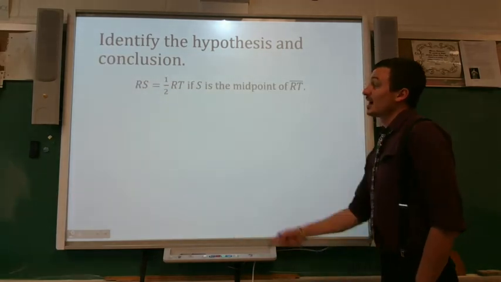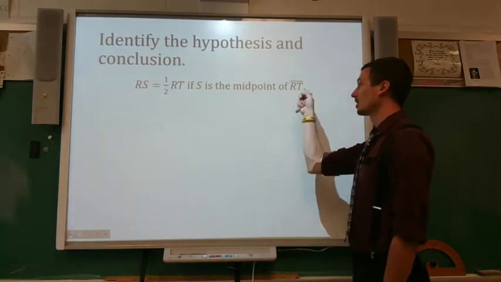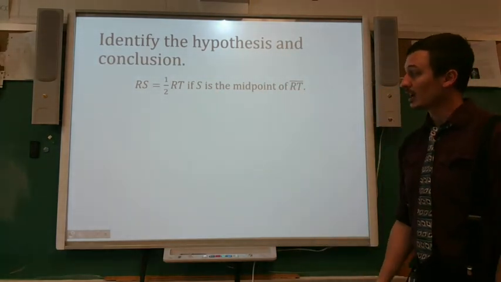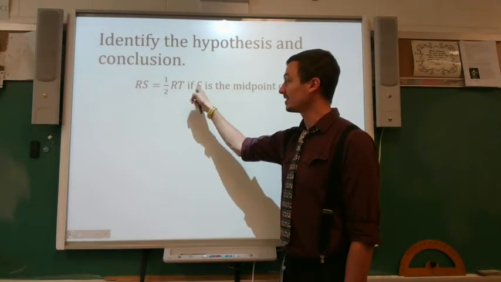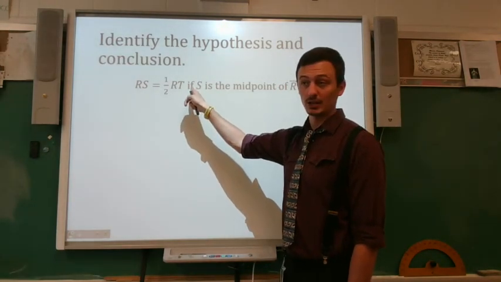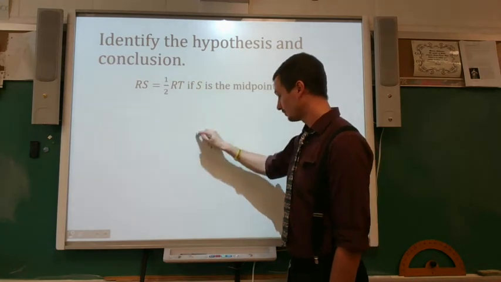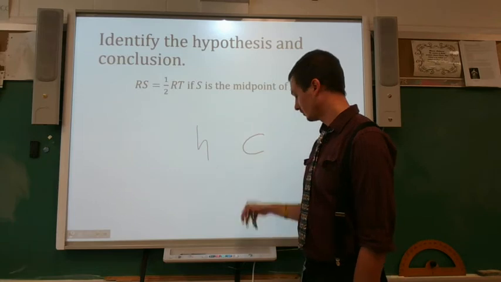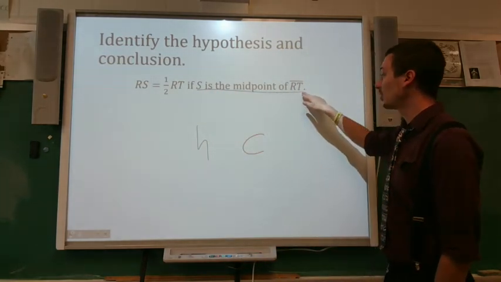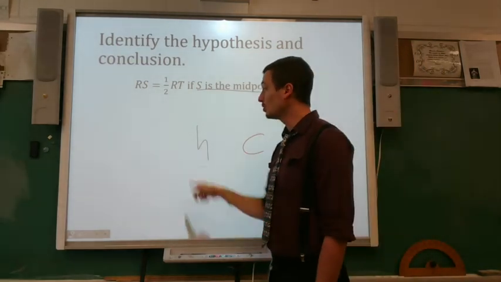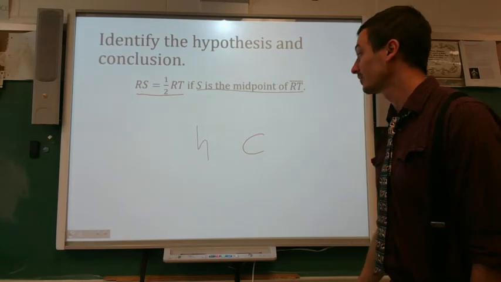The next one: RS equals 1/2 RT if S is the midpoint of segment RT. Now this one, the only word in here is if, and this is the weird one. So the hypothesis is going to be S is the midpoint of RT, and the conclusion is going to be RS equals 1/2 RT.